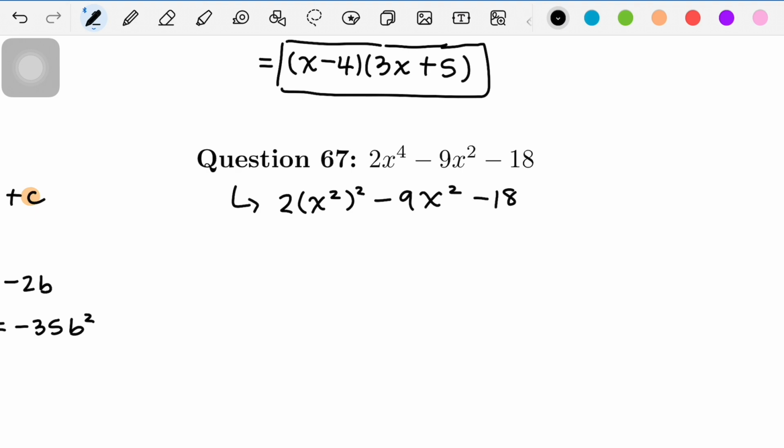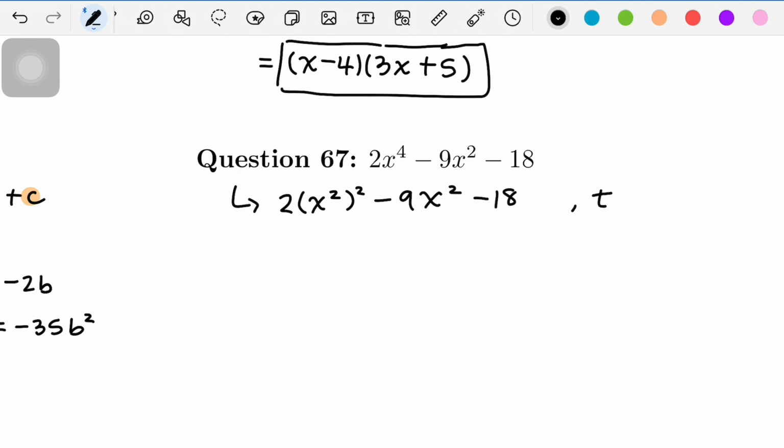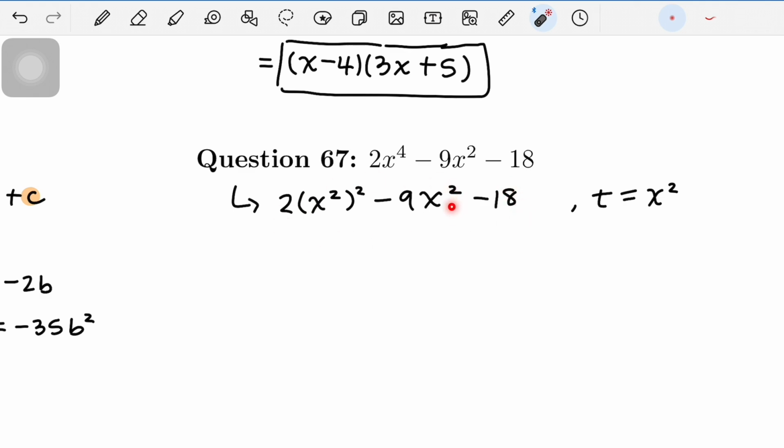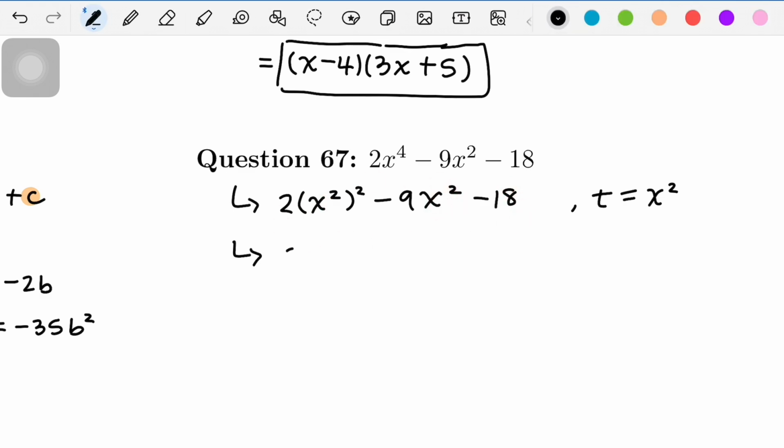So from here, what we can observe is that if we introduce a new variable, let's say t, and set t equal to x squared, we can plug this variable directly into this expression wherever we see an x squared. So we're going to have 2t squared minus 9t minus 18. So again, just plugging in t wherever we see an x squared here.